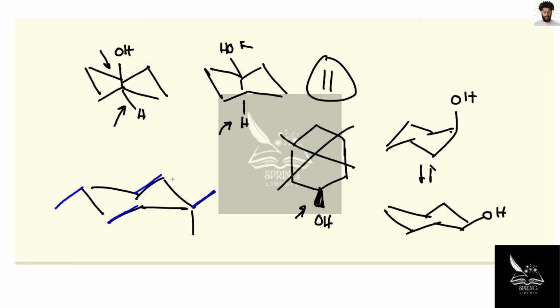The other equatorial positions that correspond to parallel lines are this one and this one, which correspond to these 2 in the ring. And the final 2 are this and this, which are equatorial positions on those center carbons, which correspond to those 2 lines, right? And then everything else is axial, so it's straight up or straight down.